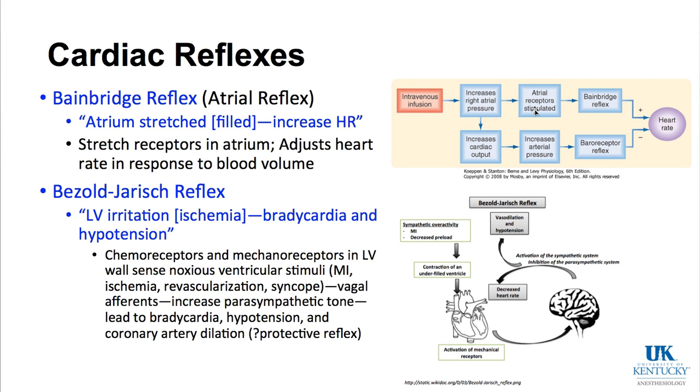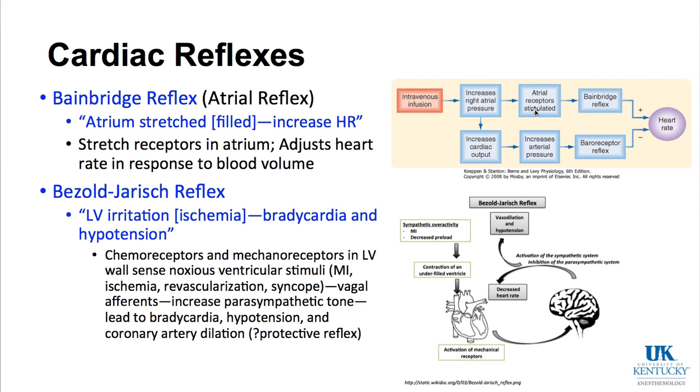But another example is if you do a spinal anesthetic and it's quite high, and you get venous capacitance dilation and blood in the venous capacitance vessels pools and right atrial pressure drops, the heart rate via the Bainbridge reflex can decrease.